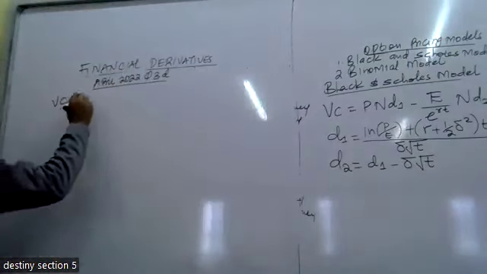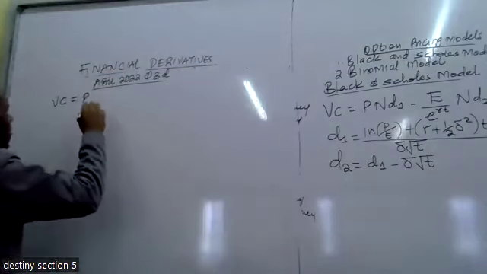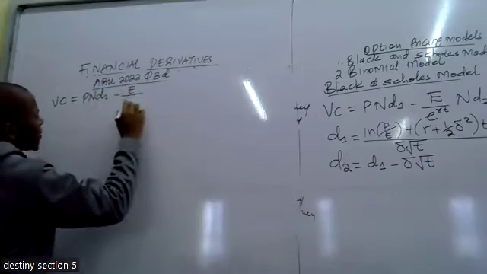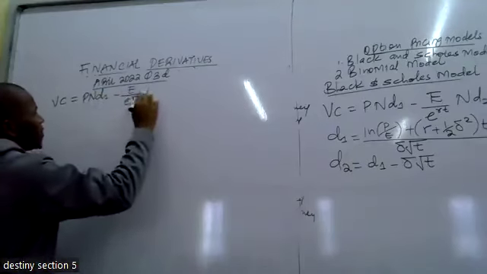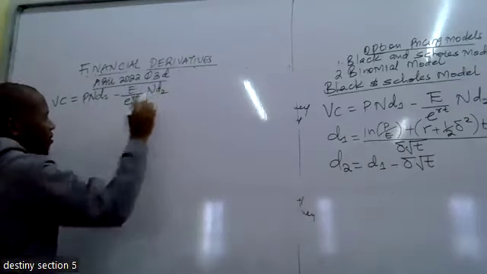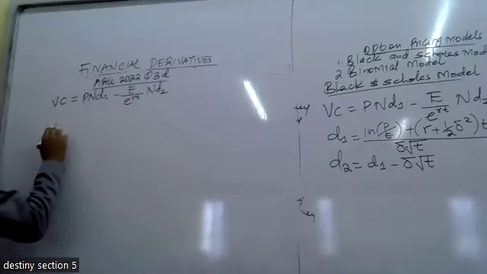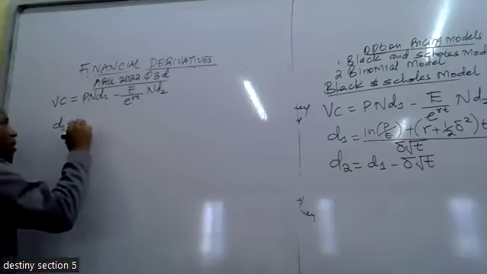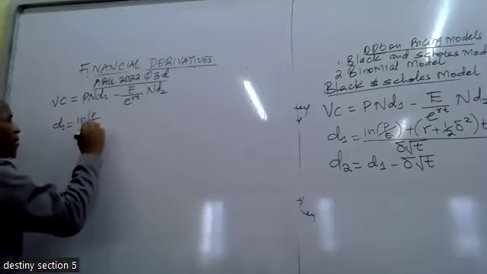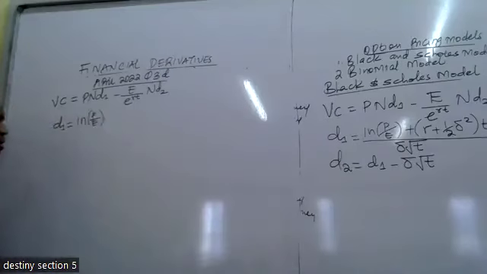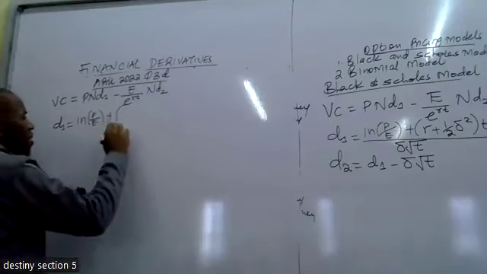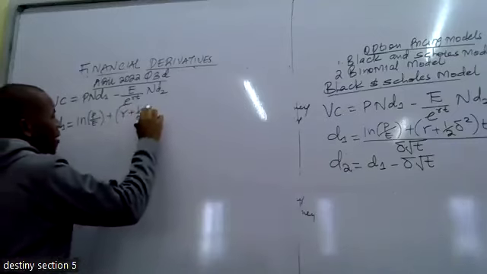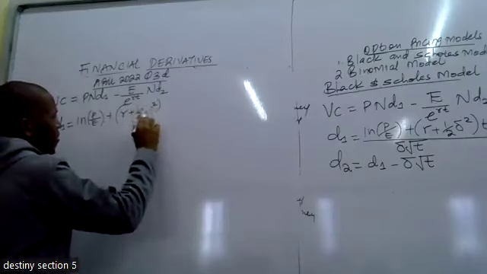The value of a call option is the spot price N(d1) minus the exercise price times exponential of minus RT, times N(d2). The first step is to get d1, which is ln of the market price divided by the exercise price, plus, in brackets, R plus variance.